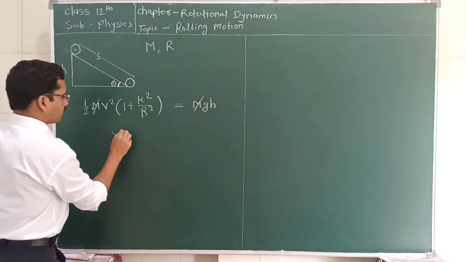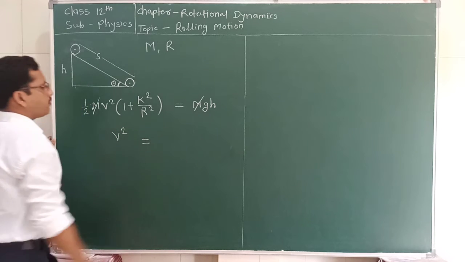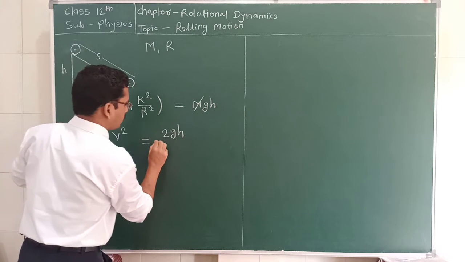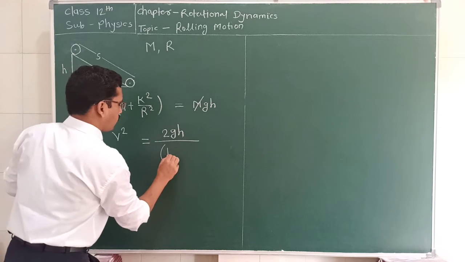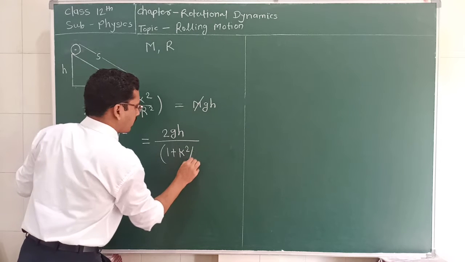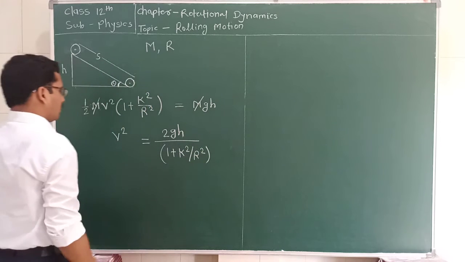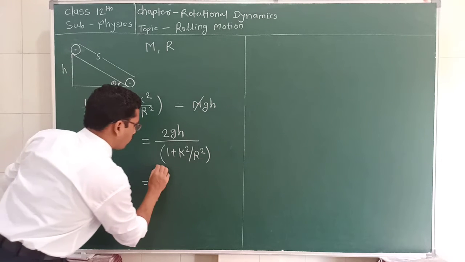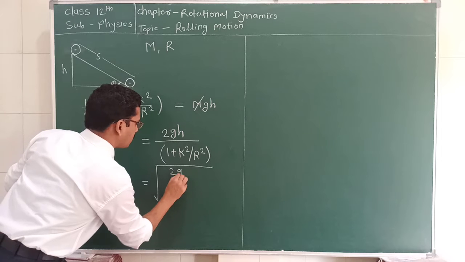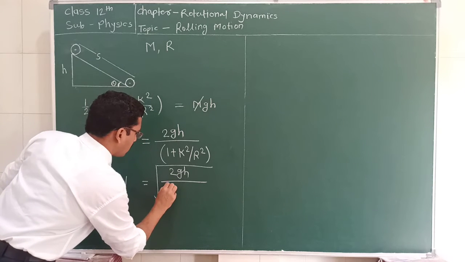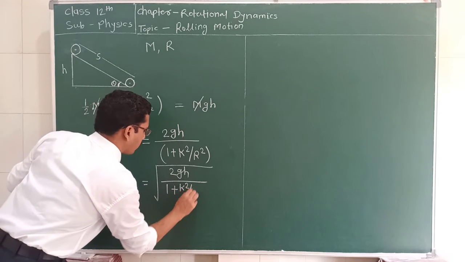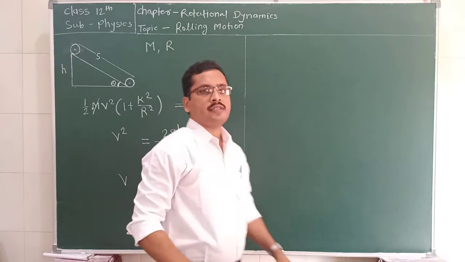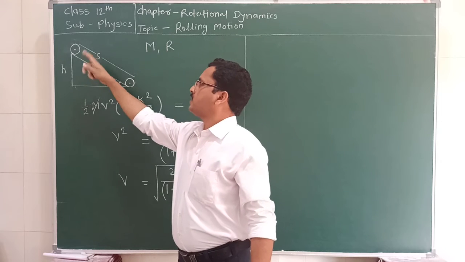So v square is equal to twice gh divided by (1 plus k square upon r square). Therefore the velocity v is equal to the square root of twice gh divided by (1 plus k square upon r square). So what is this v? This v is the velocity of this ring when it has rolled down.